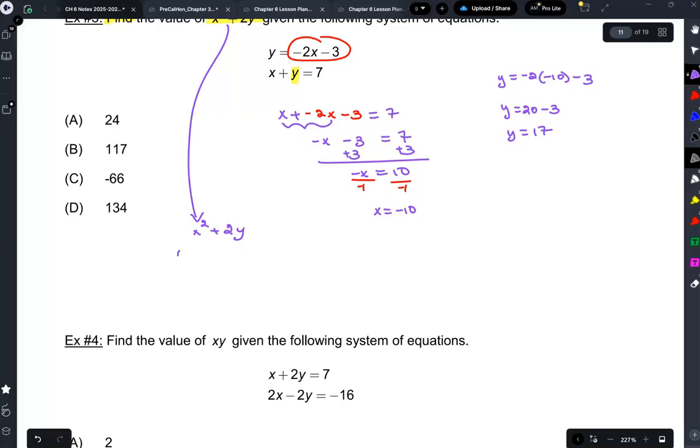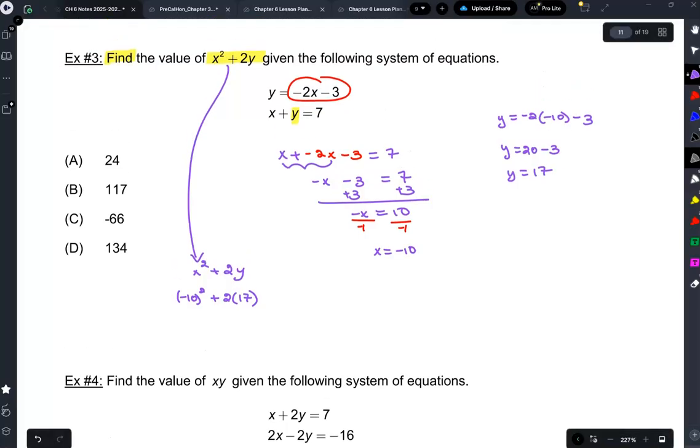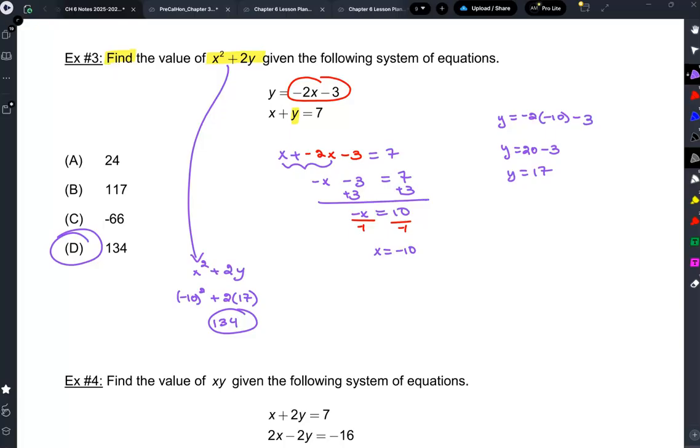So x is negative 10 squared plus 2 times 17. Okay? Okay. So that will be 134. You can use your calculator on that one. So it's D.